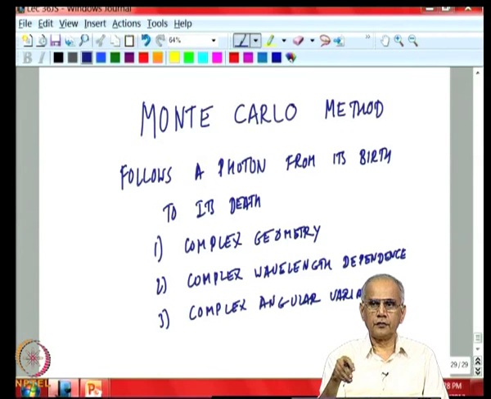And again, in the case of Monte Carlo, it can handle angular variation, wavelength variation, spatial variation, complex geometry, all that it can tackle quite easily once the problem is set up.